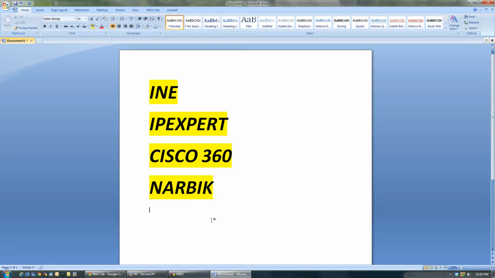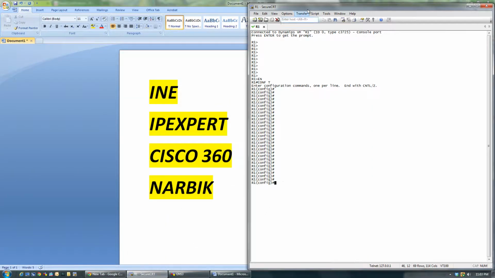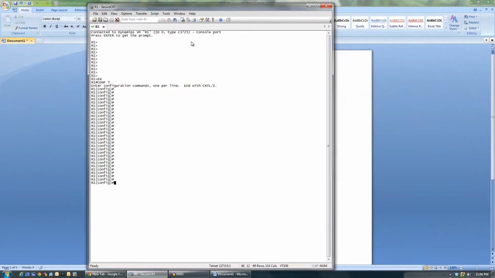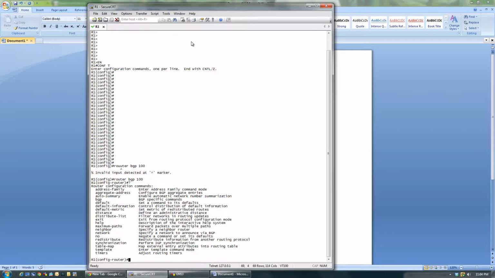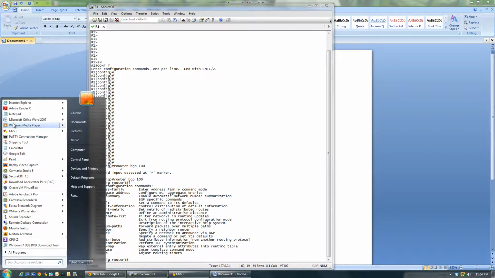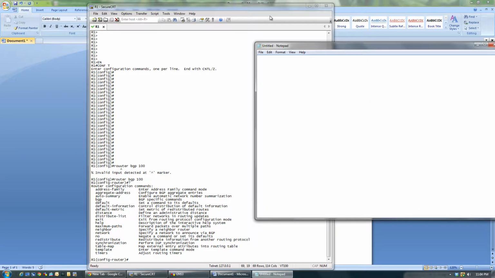So in order to be able to do that, let me give you an example of BGP. All right, let's see. So router BGP 100. First of all, you hit a question mark here. Let me open a notepad. So this is a notepad.